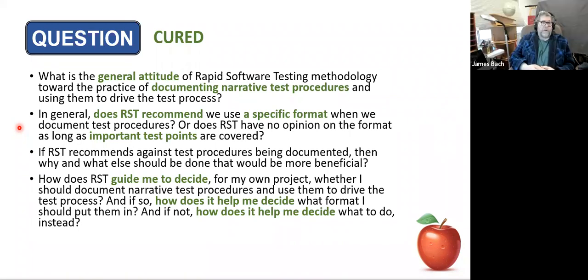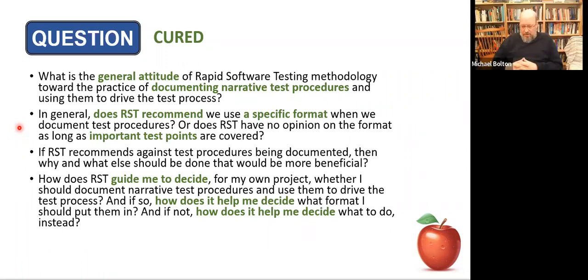Someone could write a test procedure with that format, could they not? Yeah, I think it would be pretty arid. A lot of the time when I see examples of that, they're pretty limited. They don't, put it this way, they don't cover important test points. They cover explicit, specific observations that seem to happen in very narrow conditions.